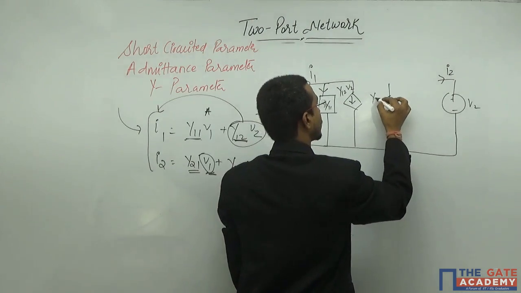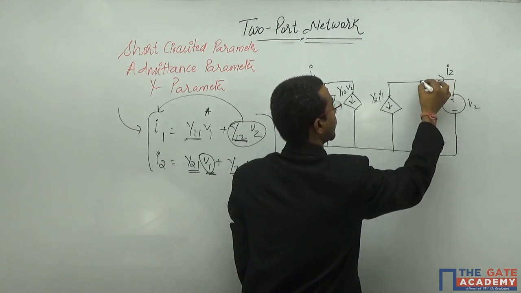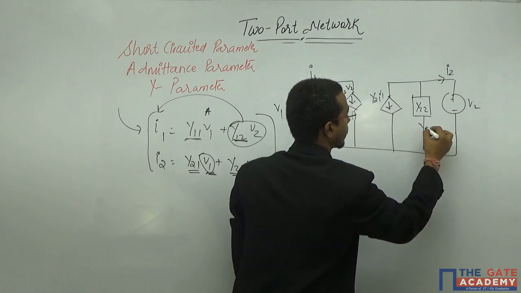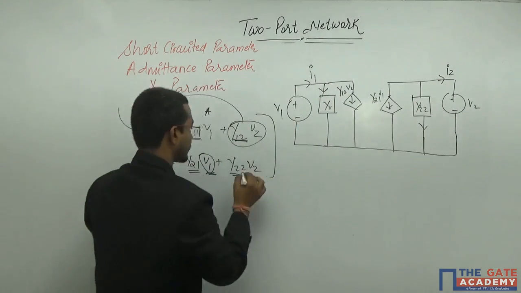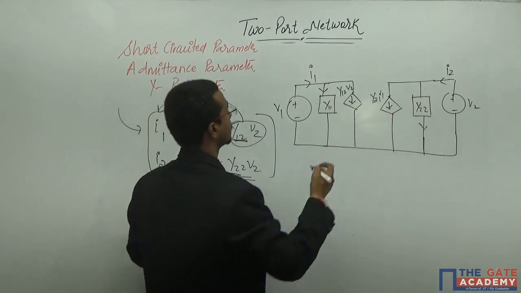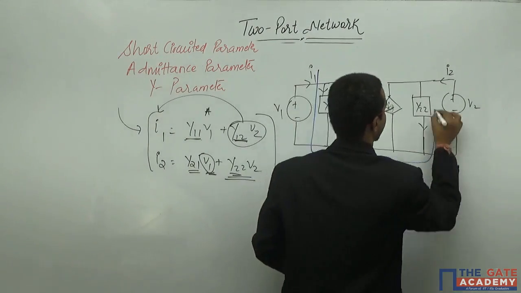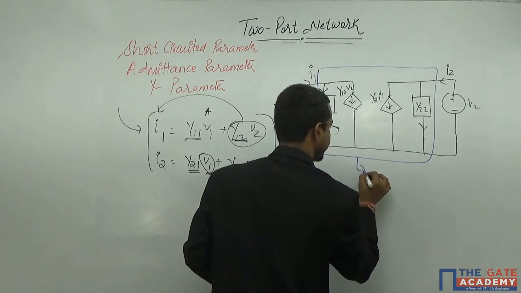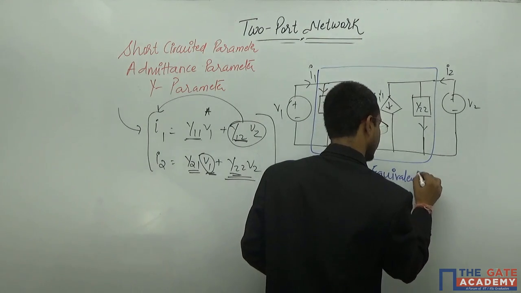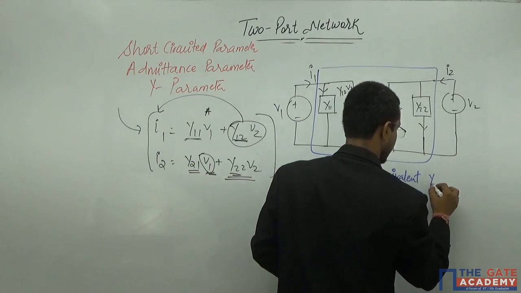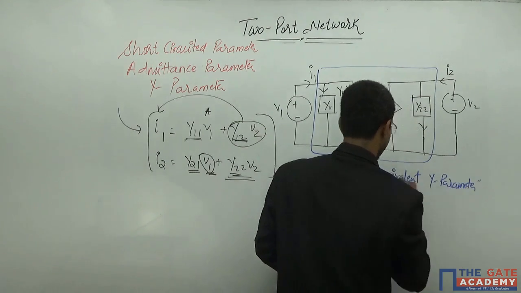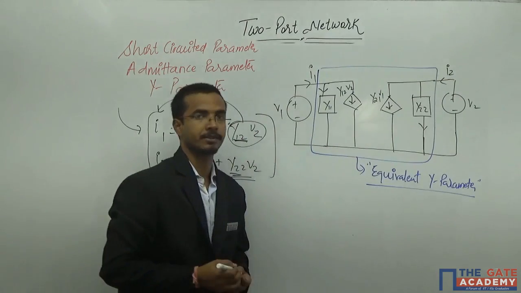That means Y21 V1, admittance into voltage, then only you will get this particular current. And this is the internal architecture of the equivalent Y parameter.